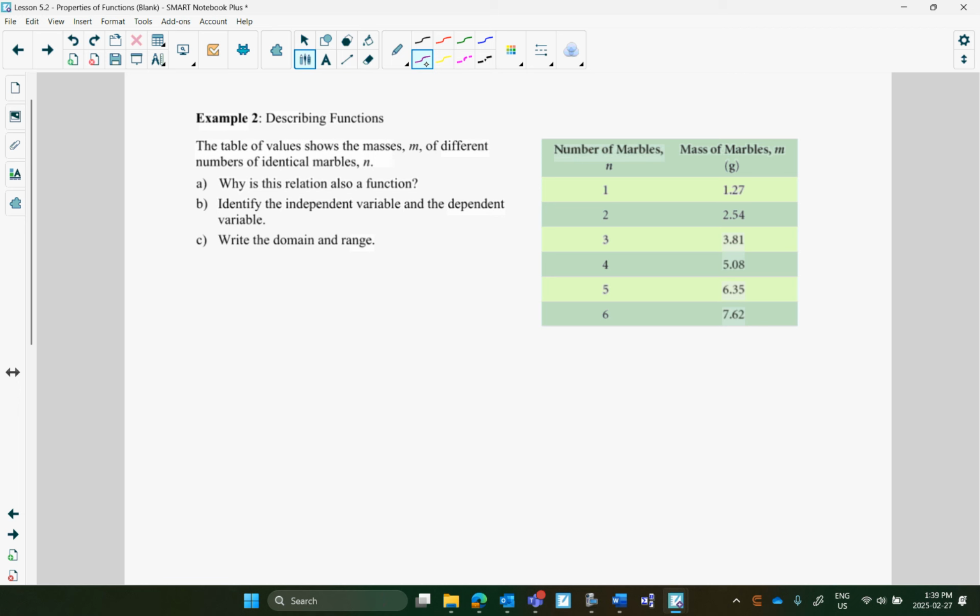Looking at this, is it a function? Yes, it is, because none of these repeat. So we can just simply say no domain values repeat.